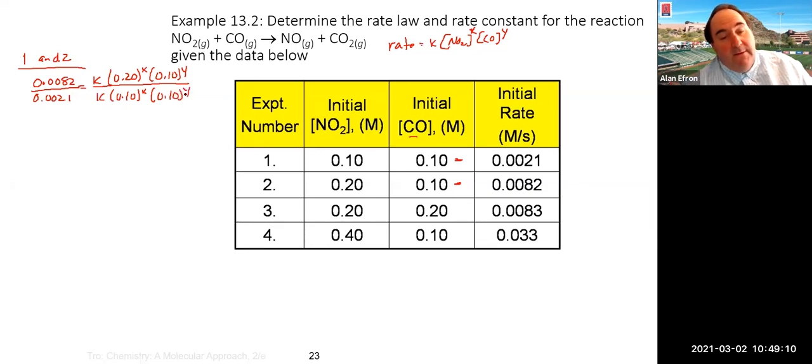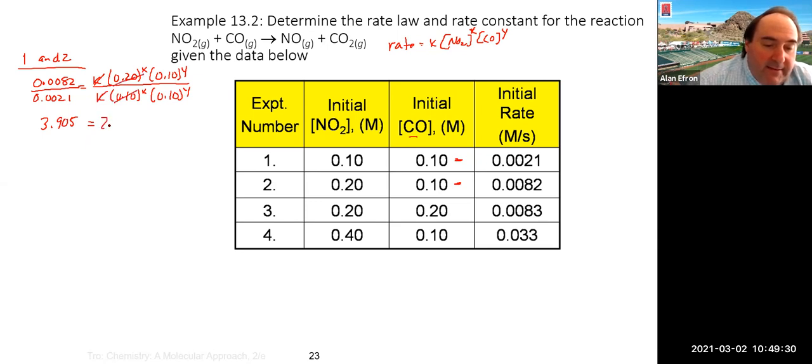All right, so we do a little division there, 0.0082 divided by 0.0021. That gives us something like, we'll call it 3.905. K is going to cancel. When we do this here, that's going to give us 2 to the X. And over here, these will basically cancel out from each other. Roughly, that's probably about 4.